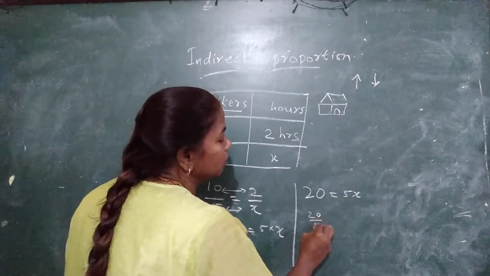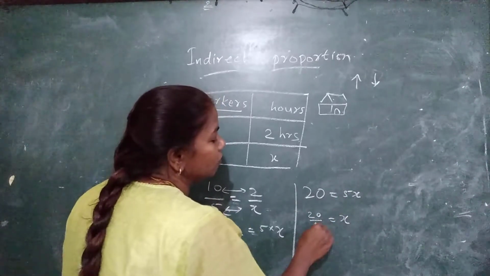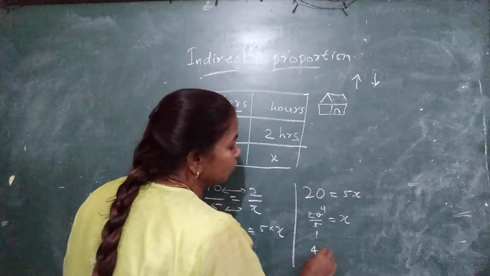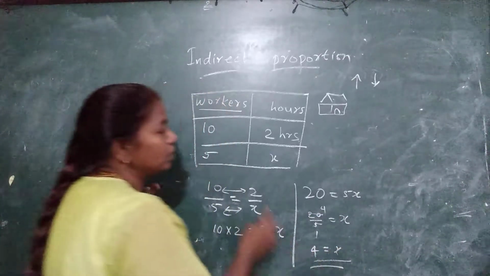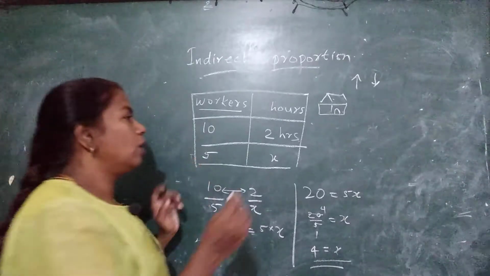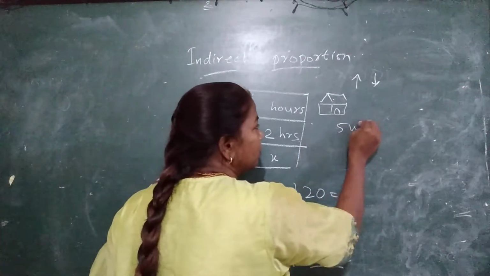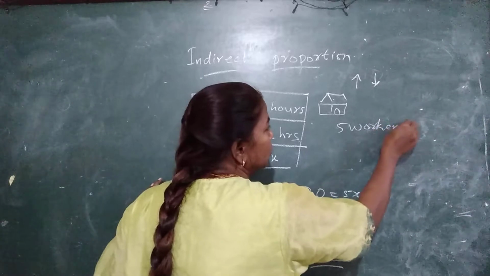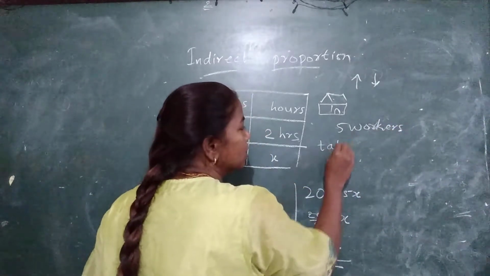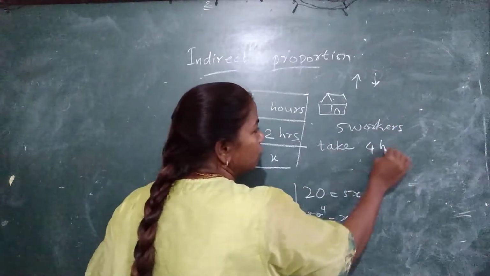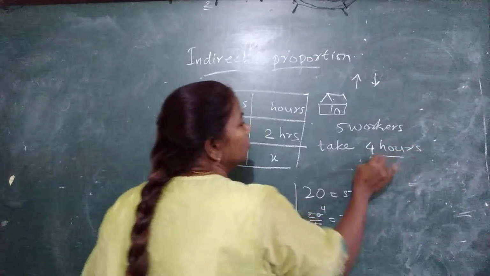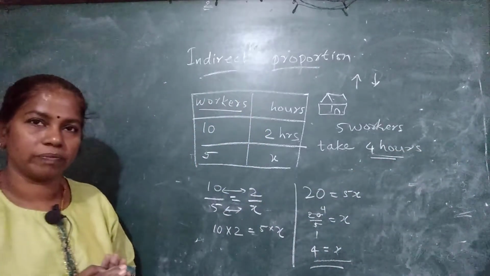Then 20 divided by 5 is equal to x. 5 fours are 20, so x is equal to 4. Got it? If I take 5 workers to do the job, they will take 4 hours to paint the house.